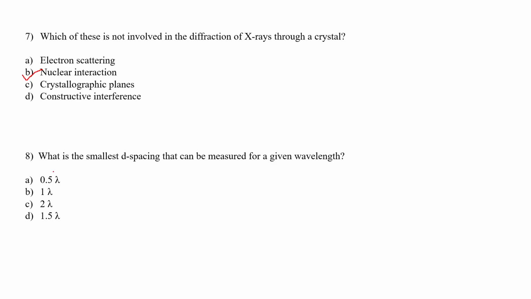Question number 8 says, what is the smallest d spacing that can be measured for a given wavelength? We all know Bragg's condition, which says that lambda is equal to 2d sine theta.